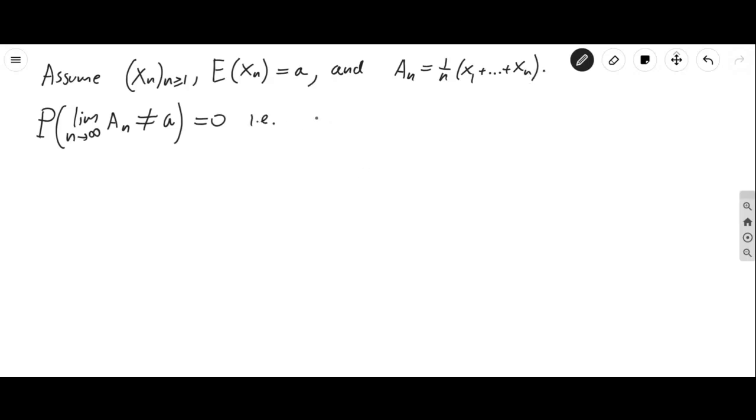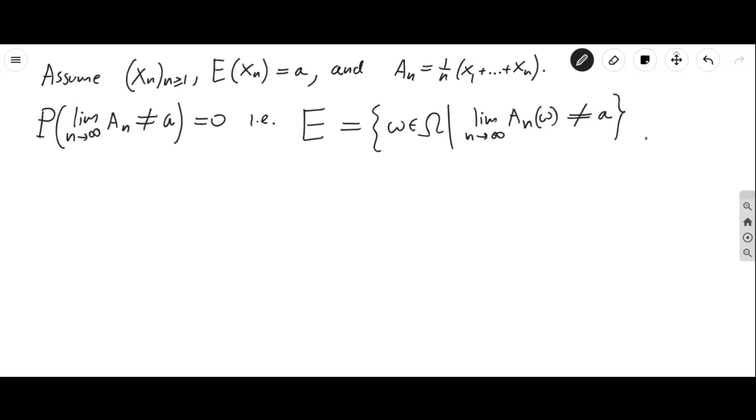And what does this mean? This just means the event. If you define the event of points in the sample space so that the limit of this sequence a_n applied to that sample point, so by applying this random variable to the sample point, this is now a sequence of real numbers, and the limit of that sequence of real numbers does not converge to a.